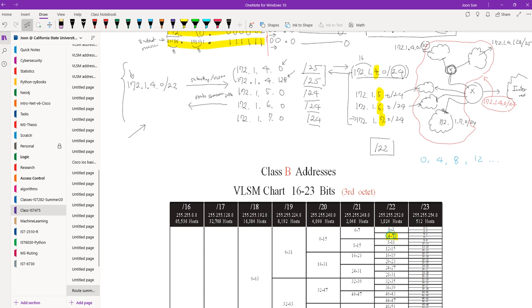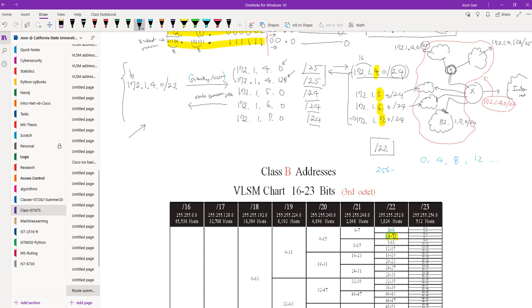So remember, in the VLSM or subnetting topic, we know that the formula that we use is 256 minus something, right? This something really gives you the block size. So if this is going to be one block, that means the block size should be 4.